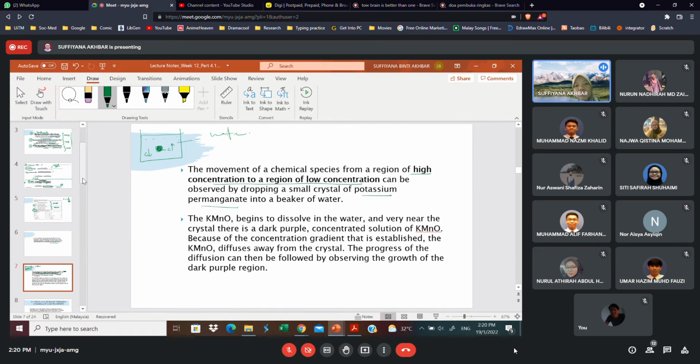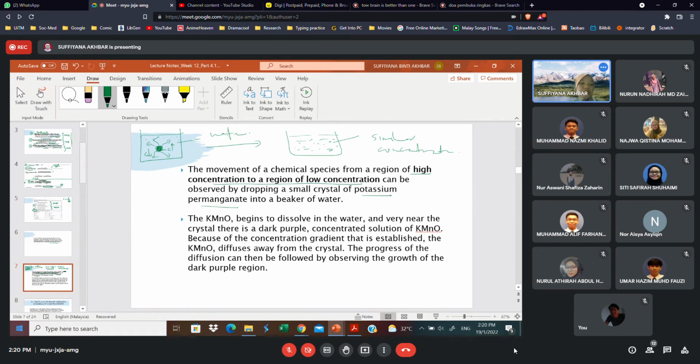Because of the different concentration, the potassium permanganate will diffuse from the high concentration to the low concentration. Finally, the whole beaker will have a similar color, and at any point in the beaker it will have a similar concentration. Therefore, the mass transfer will stop.